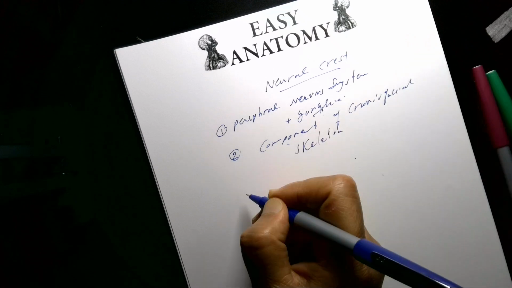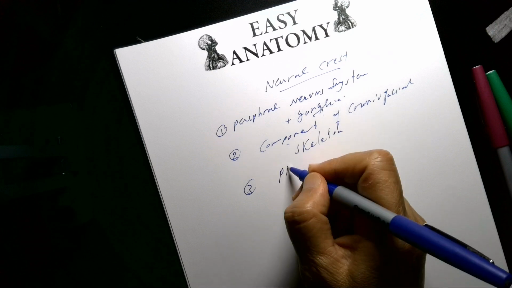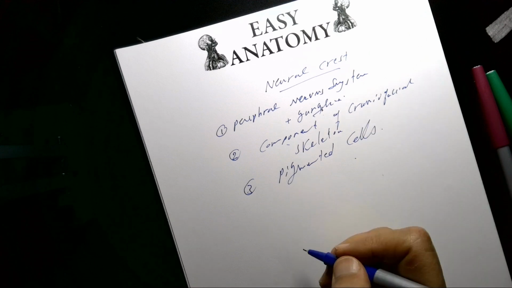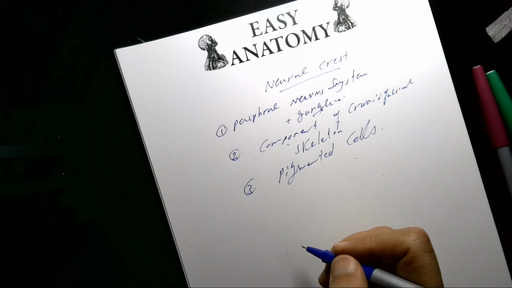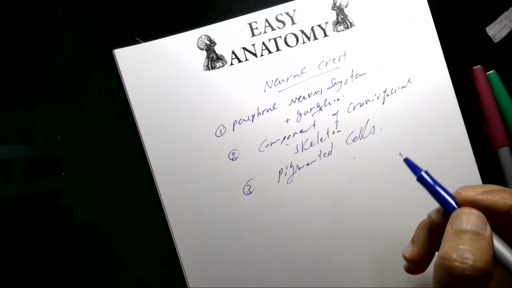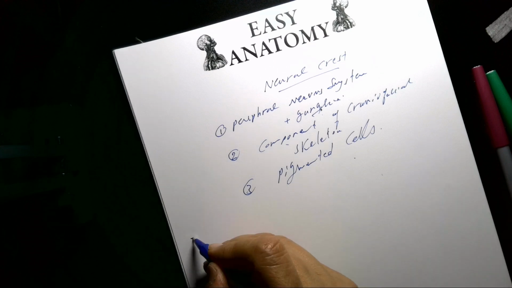Then it contributes to pigmented cells and the adrenal medulla and several other structures and the bone cells, etc. So basically keep in mind that most of the peripheral nervous system comes from neural crest, and the craniofacial skeleton also.